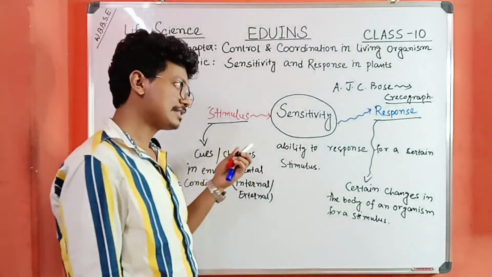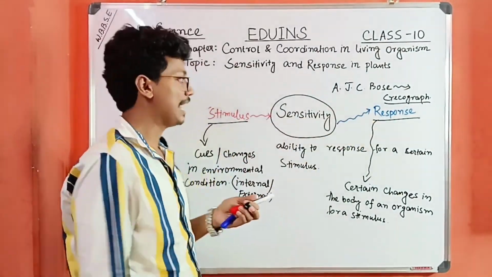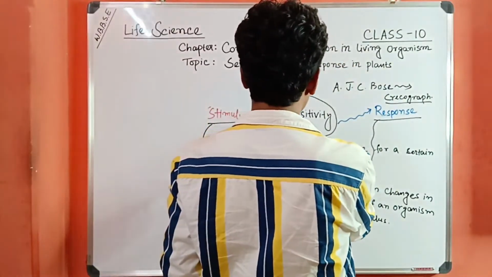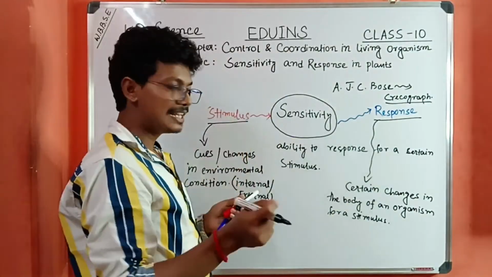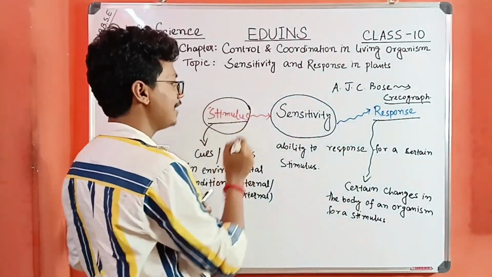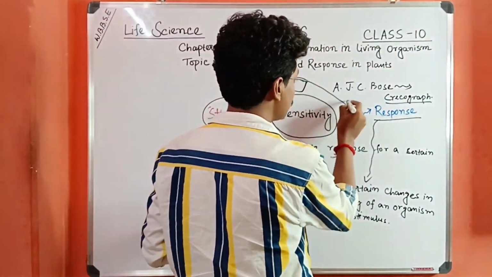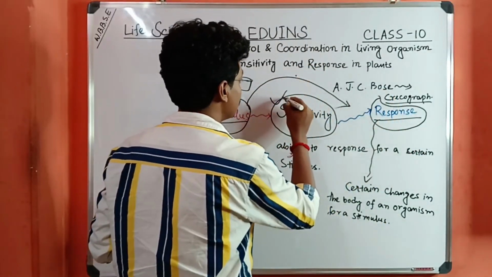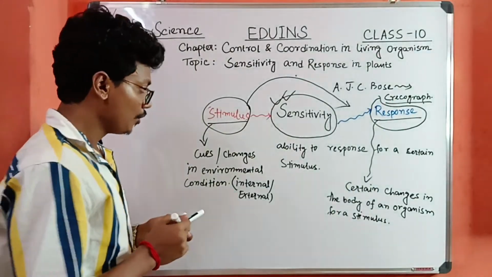Stimulus is the cause and response is the result. And this ability to detect a stimulus and, in respect of the stimulus, to get a specific response, is called sensitivity.